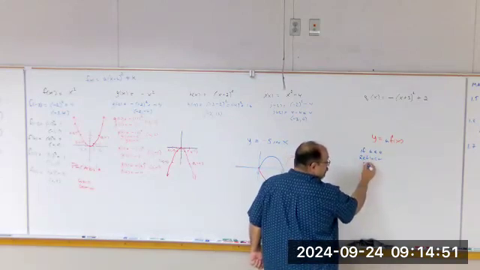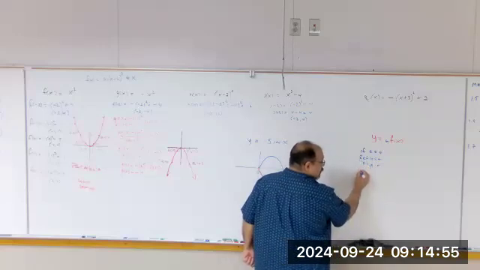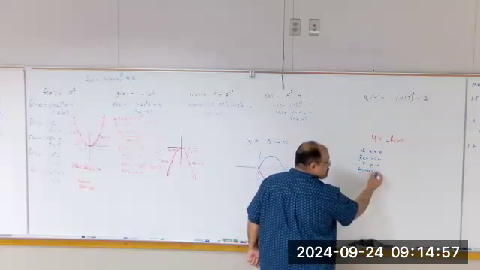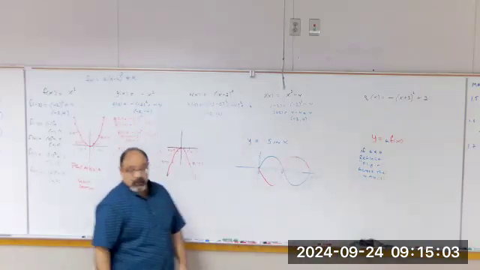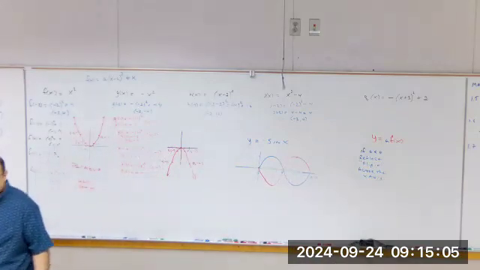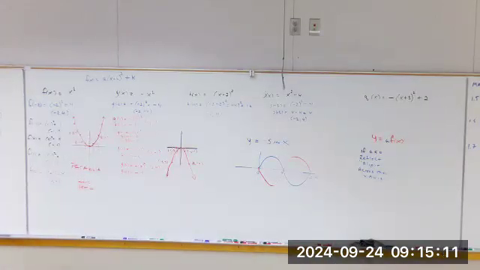In other words, it's going to flip it across the x-axis. That's all. If it's positive, it's your parent function, right side up. If it's negative, flip it upside down. That's what we're building on.